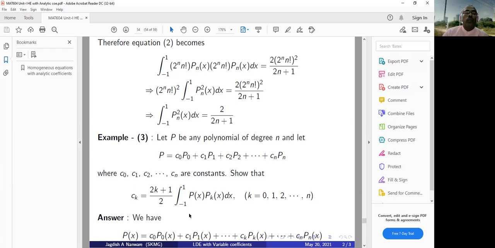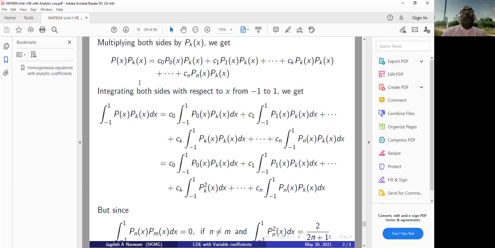So here we have the polynomial P as a linear combination here, right? And now we multiply that equation by Pk of x. So we have on the left hand side P(x) into Pk(x). So in each term we have a multiple Pk(x) like that. And we integrate this expression between the limits minus 1 and plus 1. So the left hand side is this.